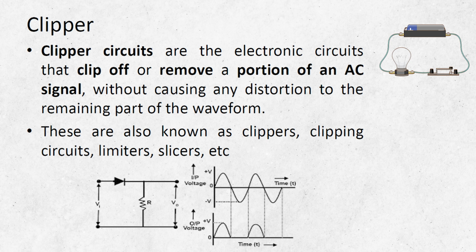Here the input wave has both the positive half and negative half, but the diode works in the forward bias region and acts as an open circuit in the reverse bias region. So, it gives output only in the positive half and does not give any output in the negative half.